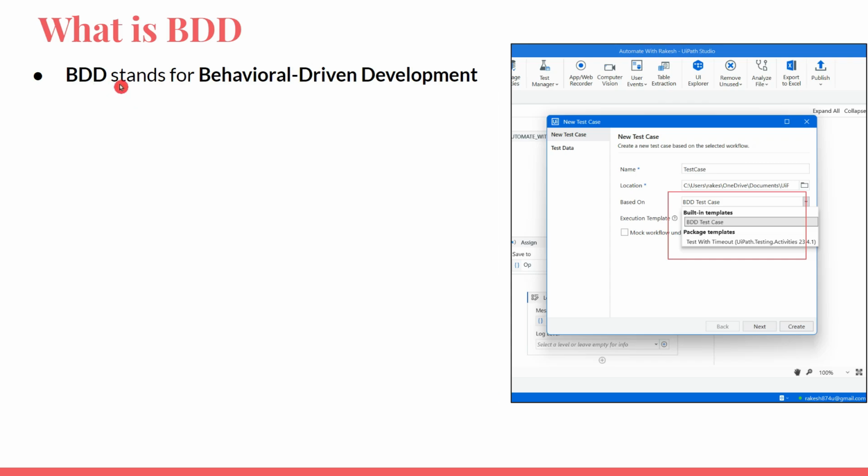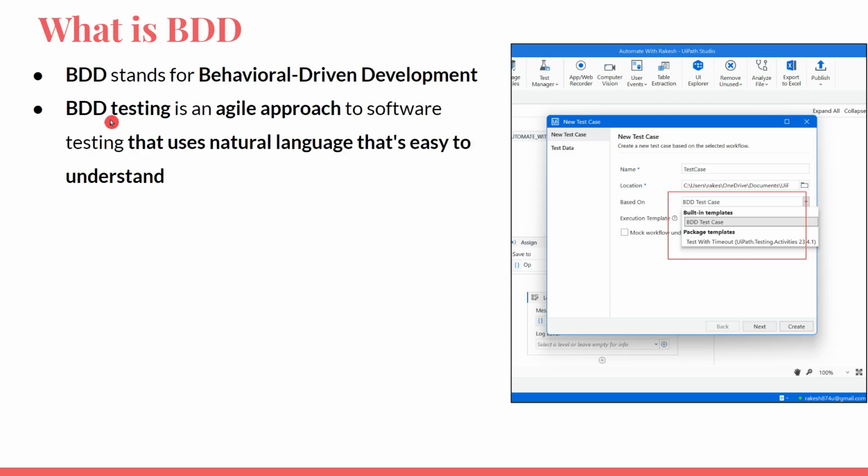BDD stands for behavioral driven development. What is the meaning of this? Now let me tell you, this BDD term is a testing term. Anybody who is a tester or has experience with testing must be aware of this word BDD. BDD means behavioral driven development.